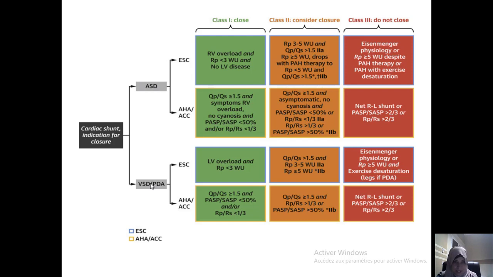There are some differences between European and American guidelines. In fact, American guidelines focus on the ratio of pulmonary to systemic resistance or pressure, whereas the European Society of Cardiology guidelines focus on indexed pulmonary vascular resistance.